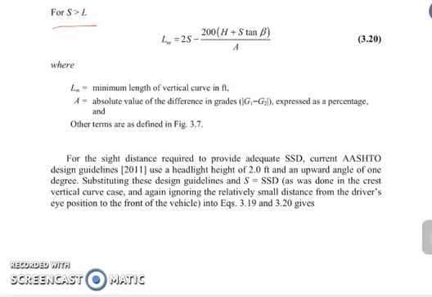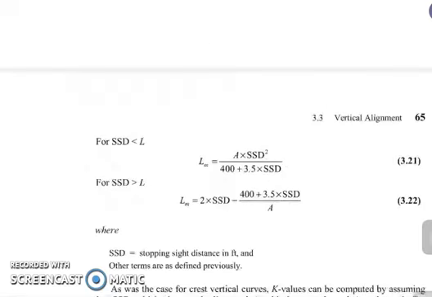If we substitute these design guidelines of AASHTO into our previous equation, and let S be equivalent to SSD as in the crest vertical curve case, and again ignore the relatively small distance from the driver's eye position to the front of the vehicle, the previous formula can be written in this manner.